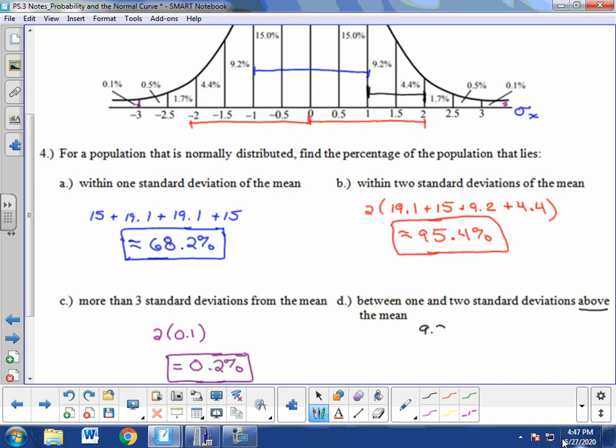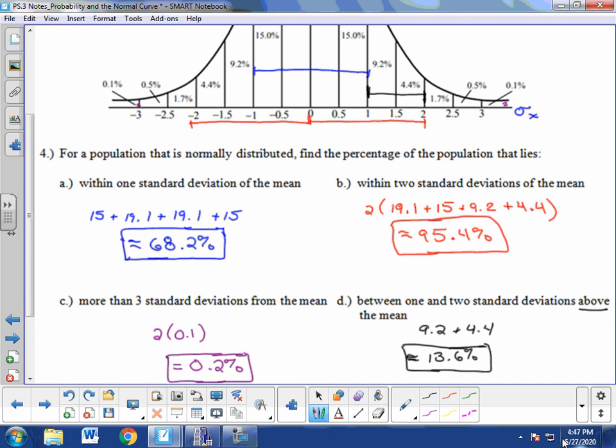So this would be the 9.2 plus 4.4. We would not double it because we're not concerned about anything below the mean. And so this would be approximately 13.6% of scores, or percent of data, that will lie between 1 standard deviation and 2 standard deviations above the mean.